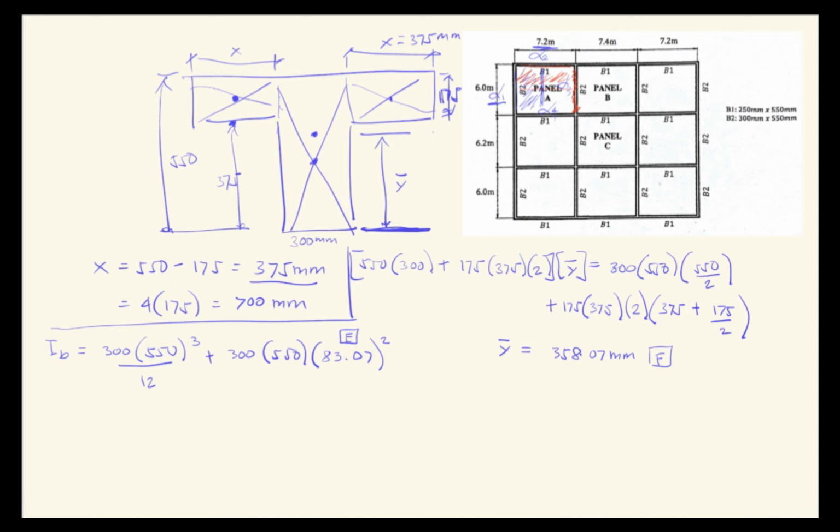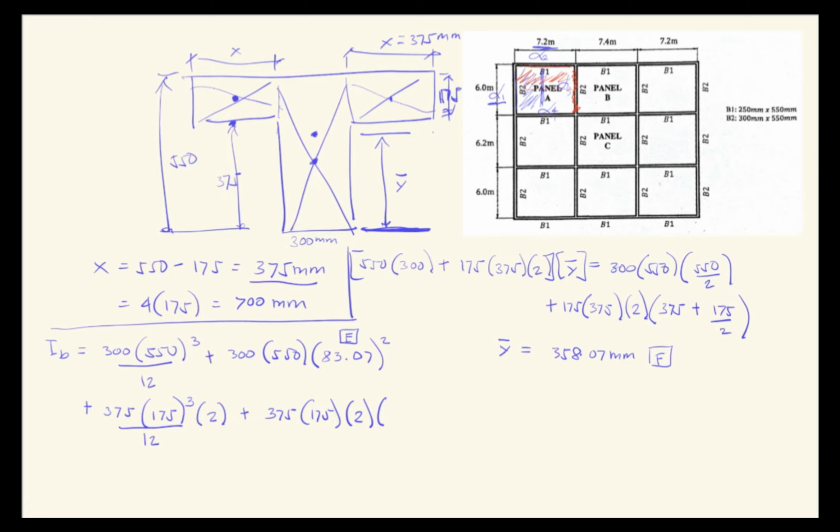Now considering the two smaller cross sections, we then have plus 375 multiplied by 175 cubed divided by 12. There are two of these cross sections, so multiplied by 2, plus 375 times 175 times 2 times the distance of the centroid of that cross section to the centroid of the overall cross section.